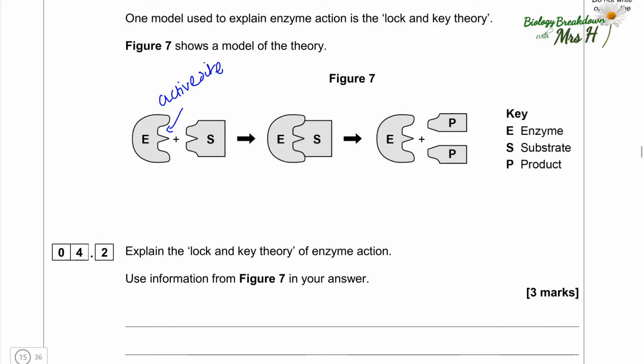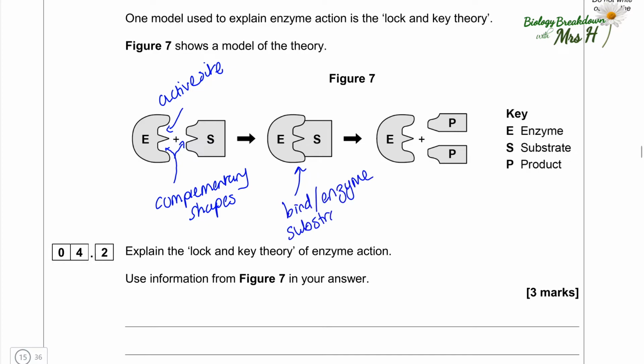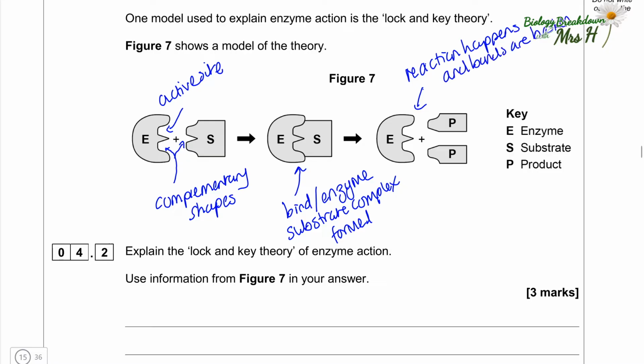We can see that the enzyme and the substrate are complementary shapes. We can see in this next section of the lock and key theory that the enzyme and substrate will bind to each other, form an enzyme substrate complex, and then a reaction will happen. And in this example, it looks like the bonds are broken in the substrate and then the enzyme's active site releases the products.